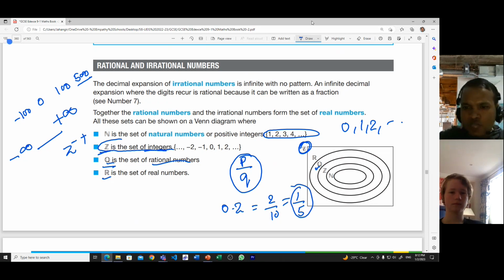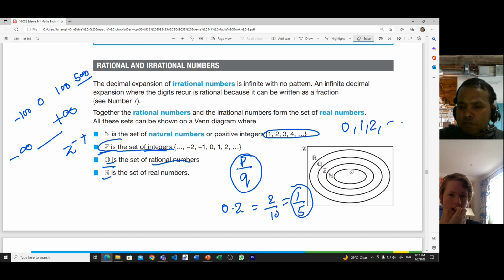As you can see in the diagram here, all natural numbers are integers, all natural numbers are rational numbers, and all natural numbers are real numbers.